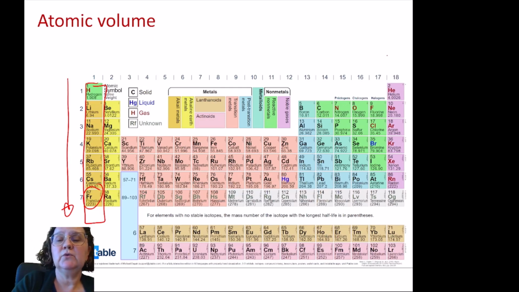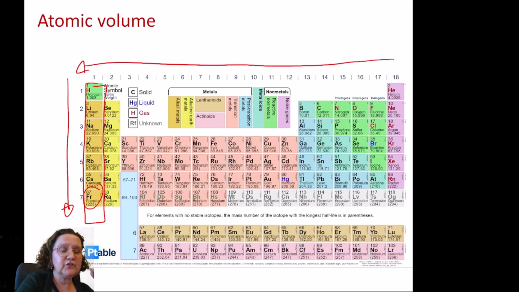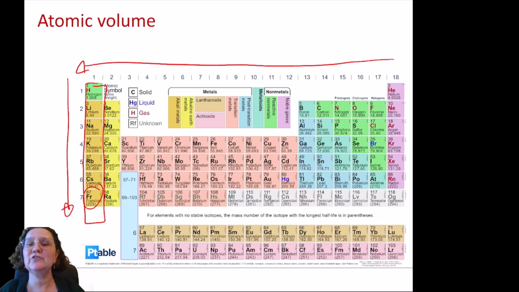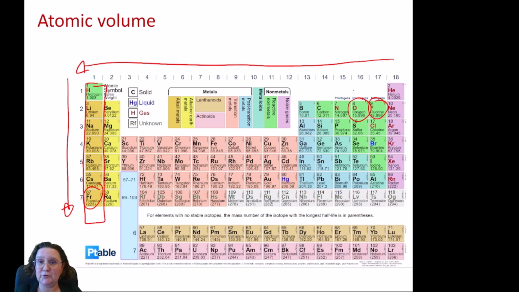However, when you go across the period, you are in the same energy level, then it is the fact that you have a more powerful positive charge that wins. And actually you will see that fluorine, which has 9 electrons and 9 protons, is smaller than oxygen that only has 8 electrons and 8 protons.